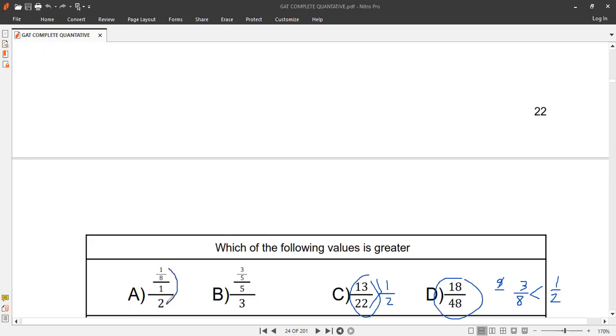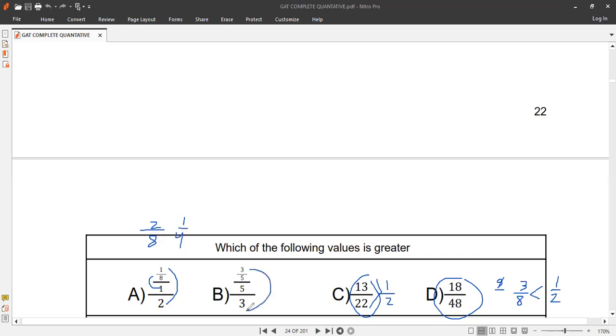Far multiply far up, near multiply near is down. 1 times 2 up, 2. This is an easy way, 8 times 1, 8. 2 over 8 equals a quarter, so less than half. So till now C is the greatest.